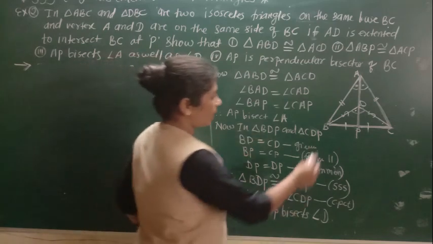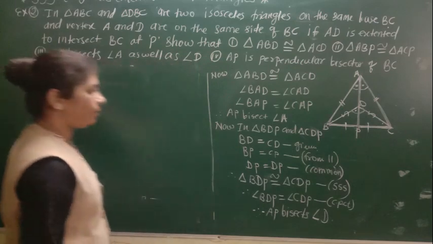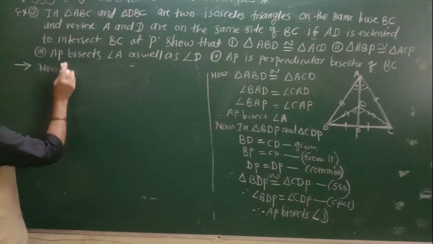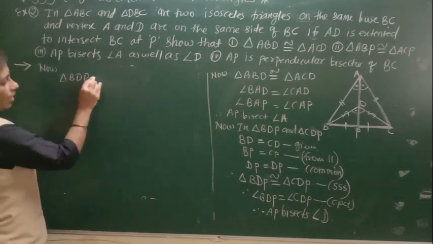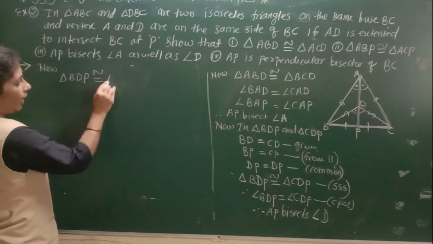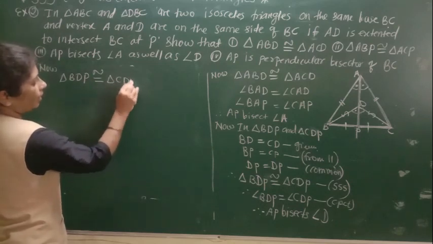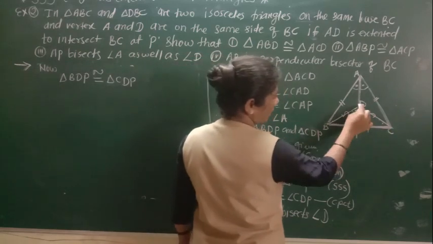Triangle BDP is congruent to triangle CDP by SSS criteria. So here now we will take triangle BDP congruent to triangle CDP.